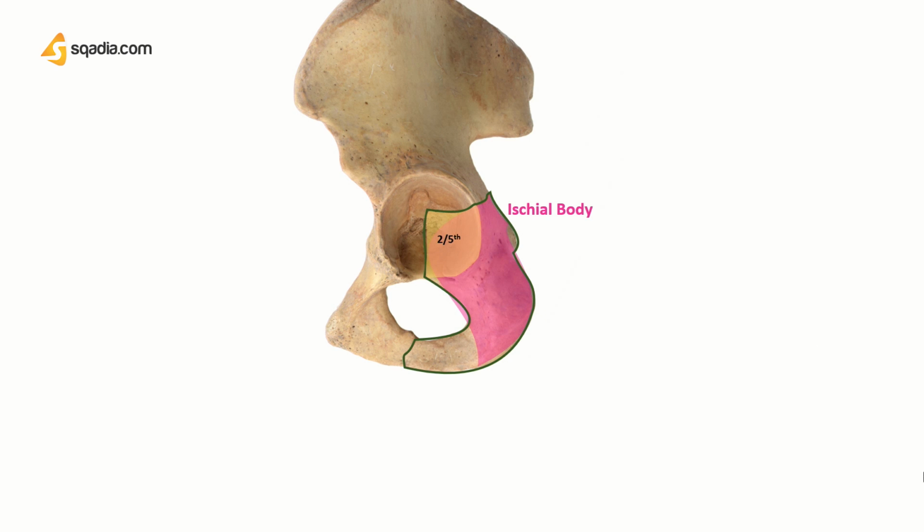The lower end forms the ischial tuberosity, and it is forming a certain angle with the body of the ischium, again contributing to the pelvic diameter. The ischial body has this projection, which is known as the ischial spine, that also makes a sciatic notch below. Now, this handle-like portion is known as the ramus.